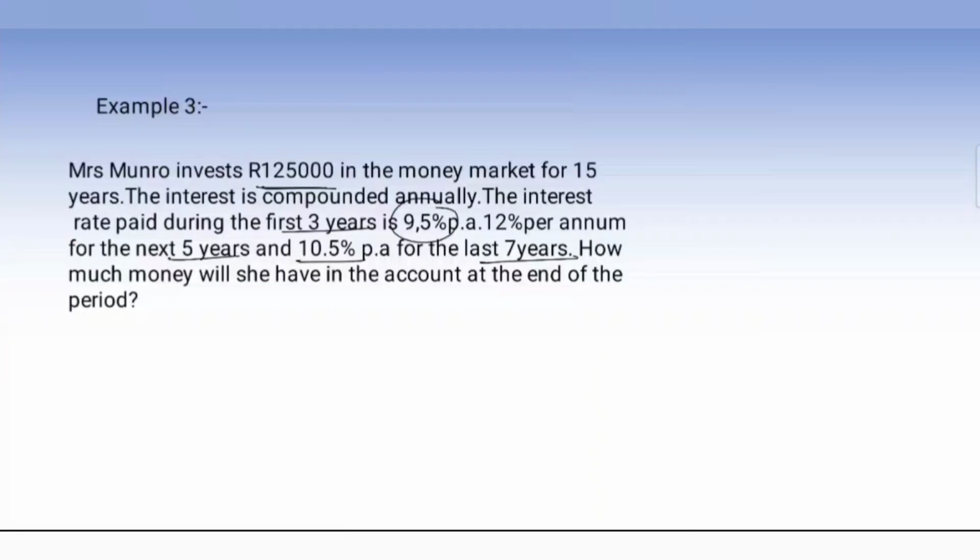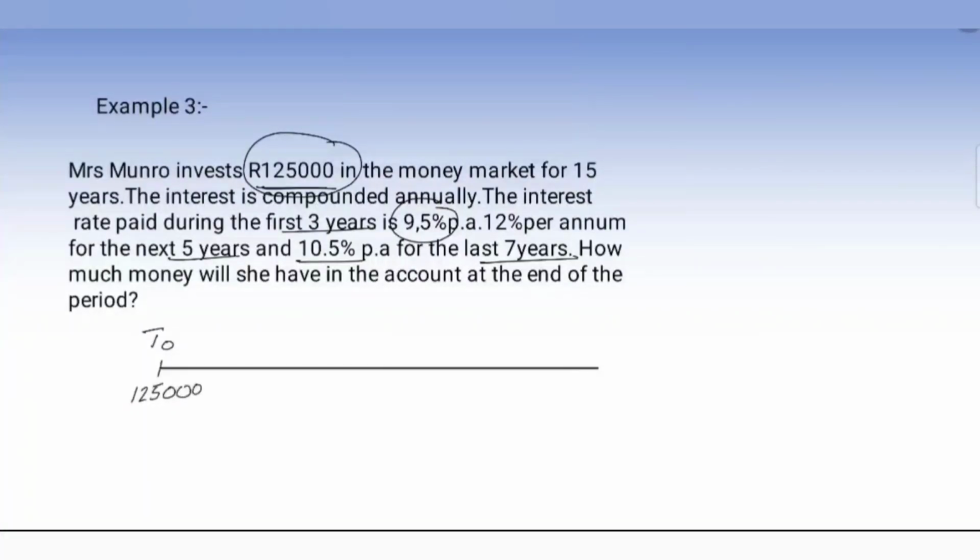Okay, this question also we can do it with the help of timeline. Okay, let me draw a timeline. Alright guys, so as usual, you open an account with 125,000, isn't it? So what is that? That is our T0, right? T0 is around 125,000. Clear? Then first 3 years, that is T3.